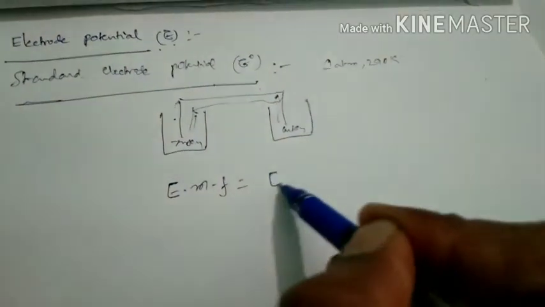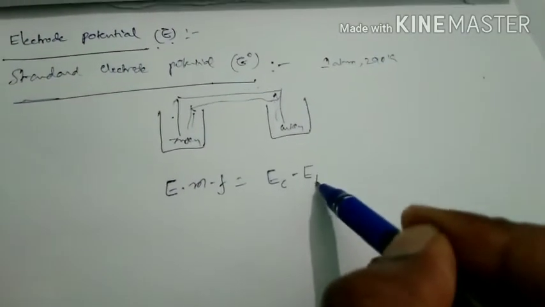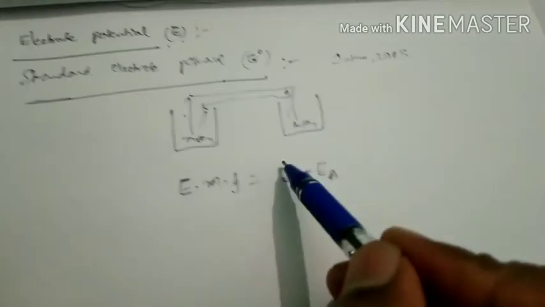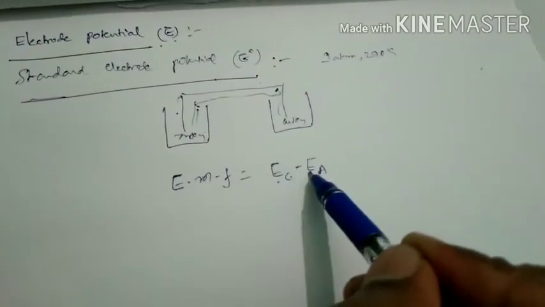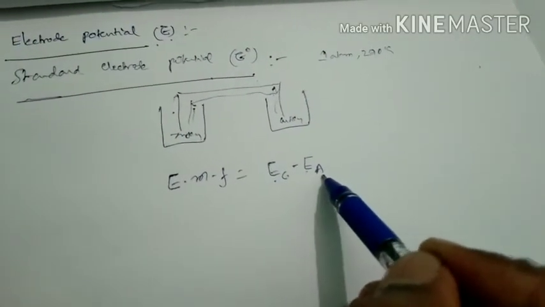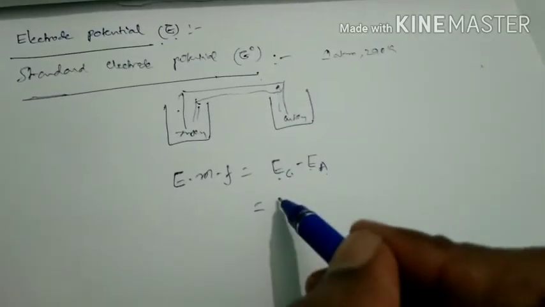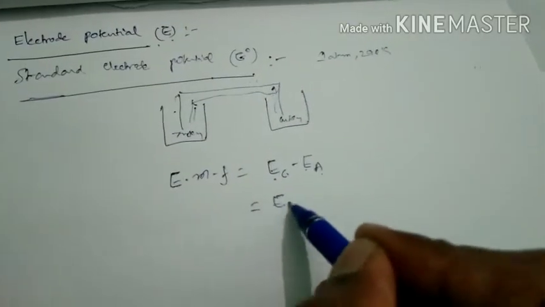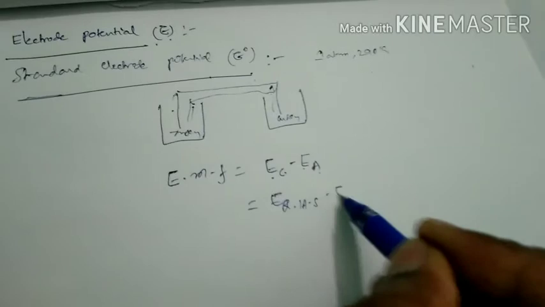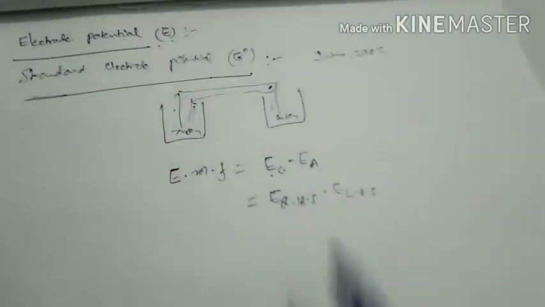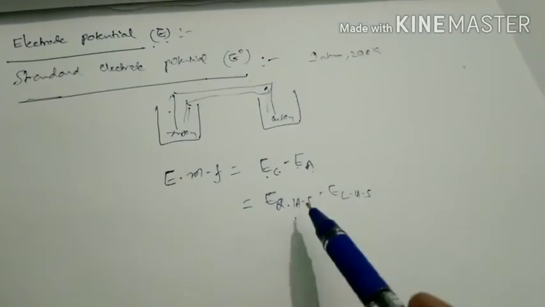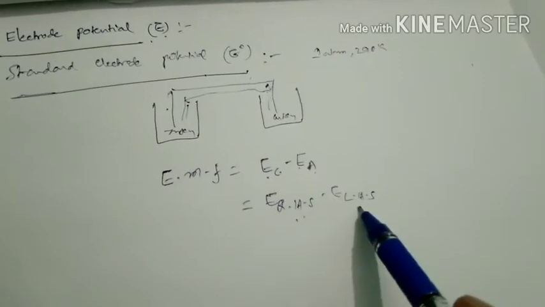The formula for this is E cathode minus E anode, that means potential at cathode minus potential at anode. This is also represented by E RHS minus E LHS, nothing but potential at the right hand side minus potential at the left hand side.